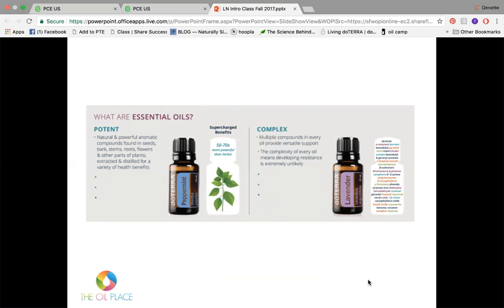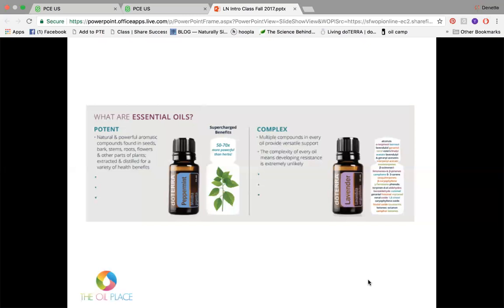So take, for example, lavender. On the bottle on the right, those are all of the chemical constituents in lavender. So if you are science-driven and you like to look at the chemical compounds of what is in an essential oil, if you go to pubmed.gov and you type in one of those chemical constituents, it's going to bring up a whole list of PubMed studies that show what exactly that can do for your body.